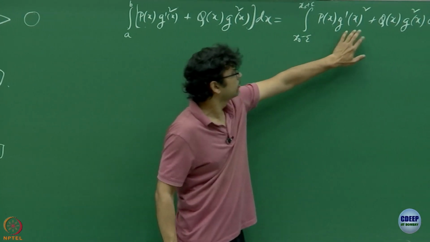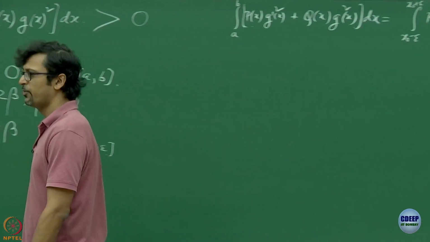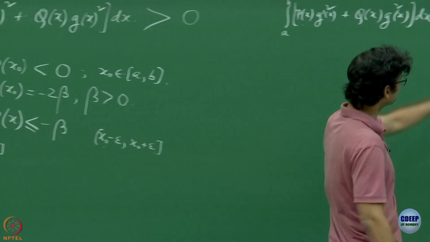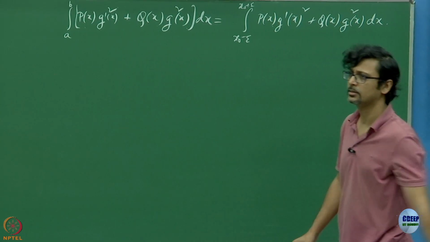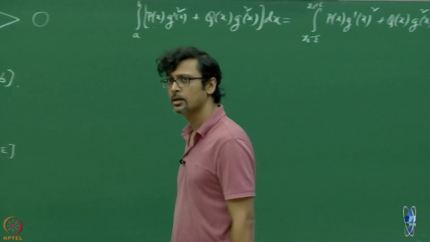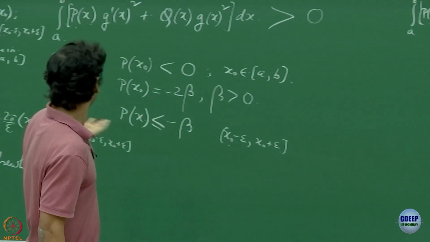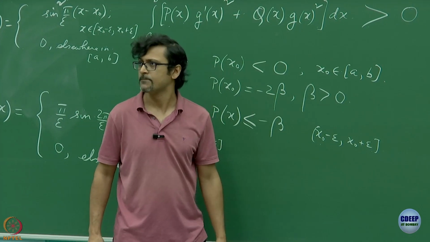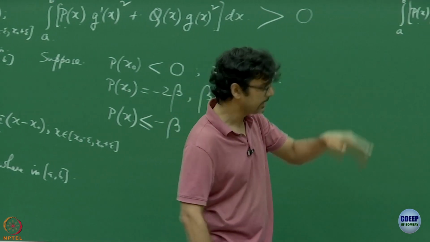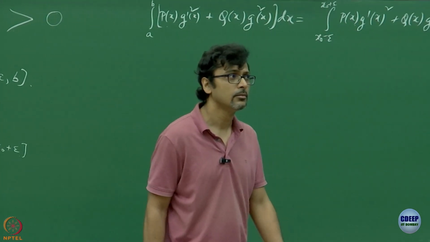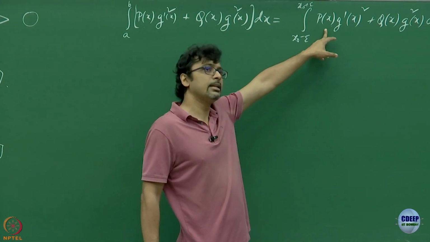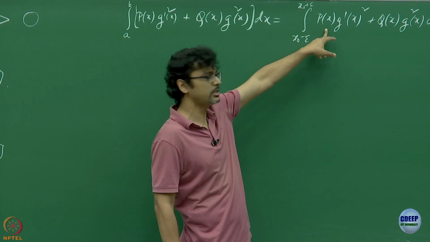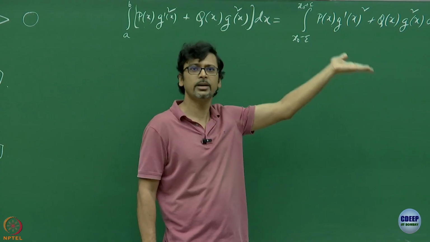Now, quickly, if you want to bound this, what can we say? What is the range of values that px can attain within this? At most minus beta, because that's what we've said, that's how we chose the epsilon to begin with. So the maximum value that it can attain in this interval is minus beta. It will be worse than minus beta perhaps, going all the way up to minus 2 beta in fact, but the best it can do in terms of raising the value is minus beta.